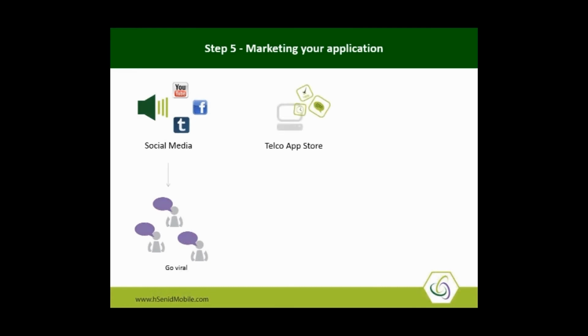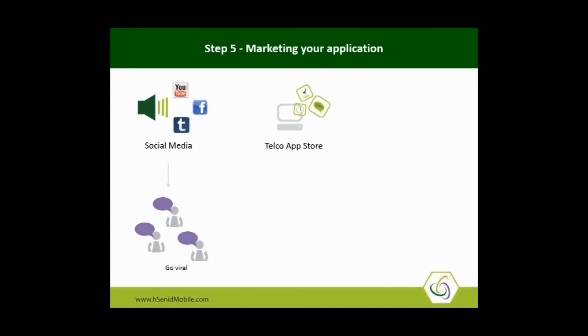The next available method for marketing is the Telco App Store. So Telco App Store is a platform where all the applications that are deployed are available. So for example, if I'm a customer and I want to find the nearest coffee shop, or find what promotions are available, I can actually go to this App Store and search. And if your application's rating is really good, yours will be the first one to come up.